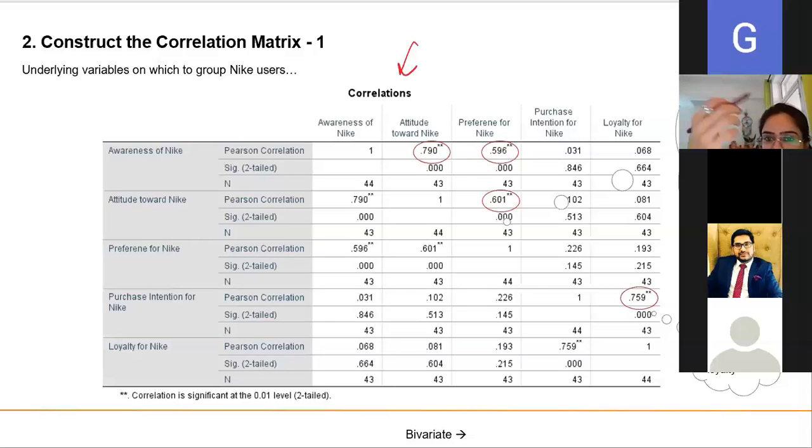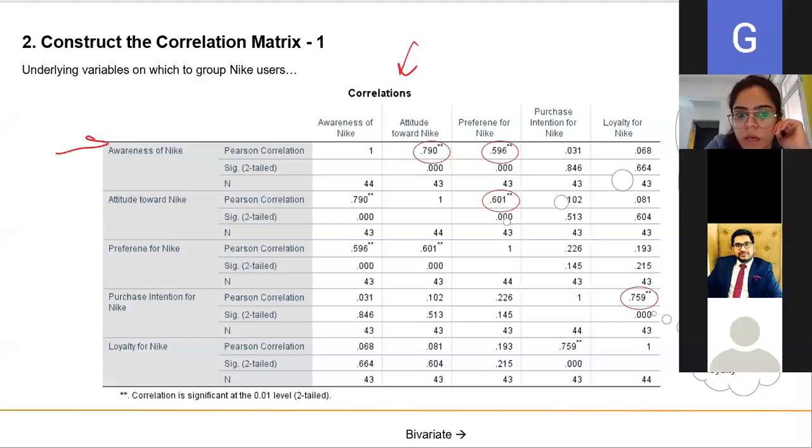So correlation is basically whether it's positive or negative, how the two variables are changing, how they are correlated with each other. An increase in one variable leads to an increase in the other variable. That is positive correlation.